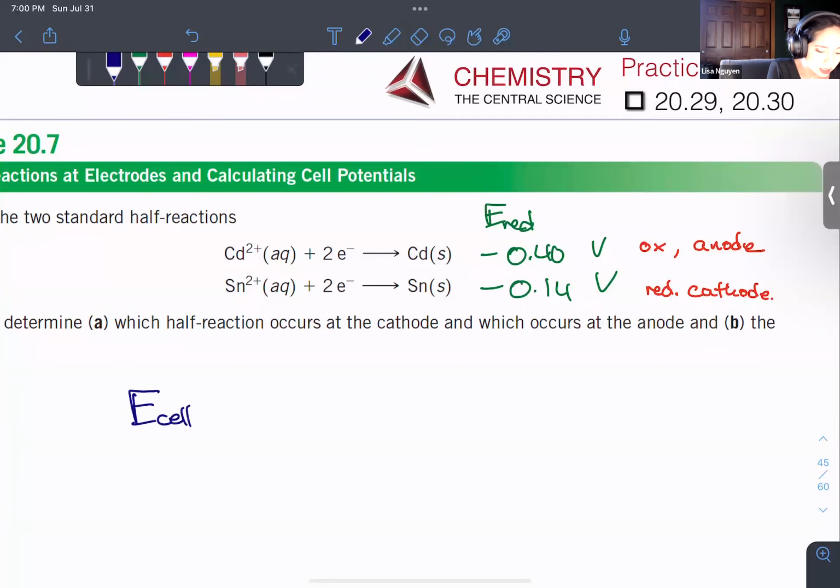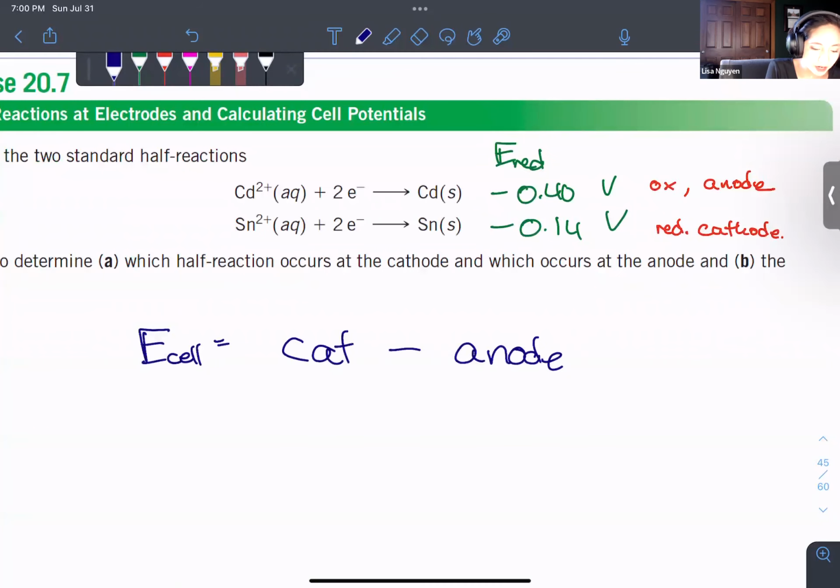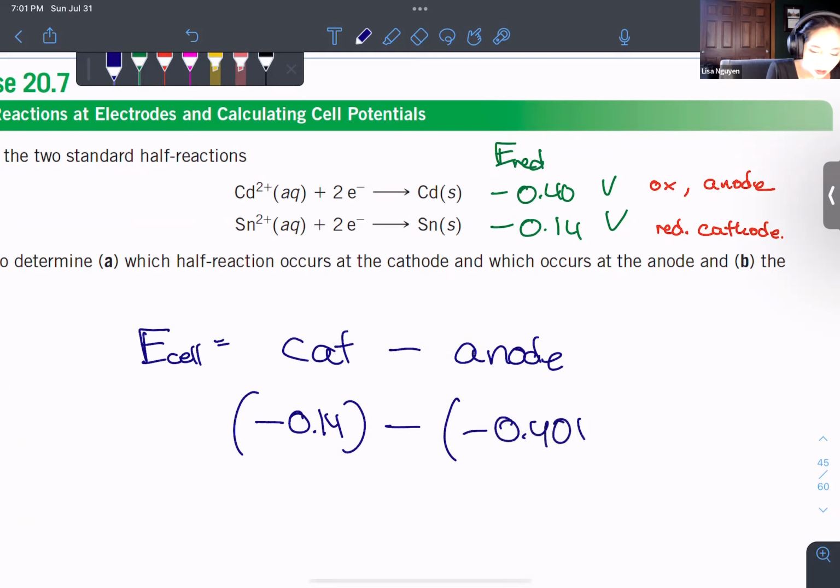So E cell is cathode minus anode, and we use those numbers. We identified that tin is our cathode, so 0.14 volts, minus the reaction we assigned as our anode, the cadmium one, so negative 0.40 volts.